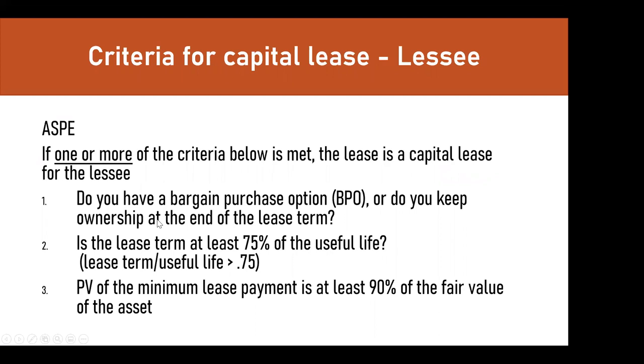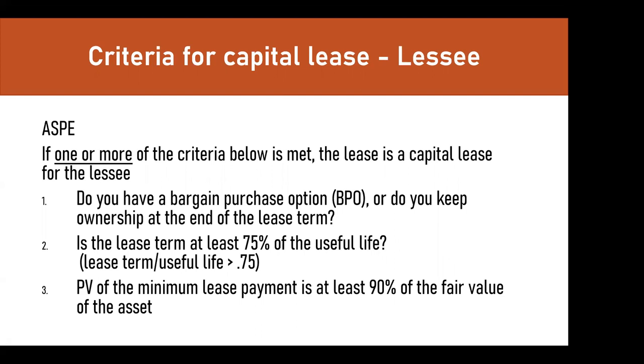And then for ASPE, it needs to fulfill one of the following criteria. First, does the lessee have a bargain purchase option at the end, or do they keep ownership at the end of the term?